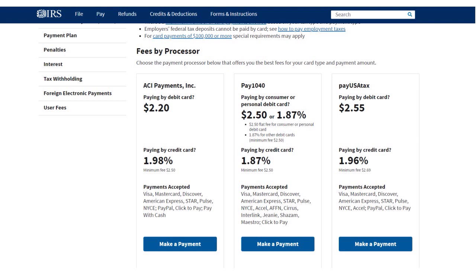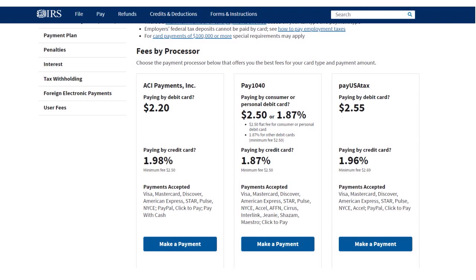And so there is a minimum number of card payments allowed based on your tax type and payment type. And so for card payments of $100,000 or more, special requirements may apply. So when we talk about if you want to pay by credit card or debit card or digital wallet, please go back and review all the fees.